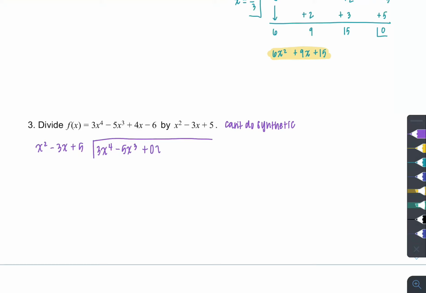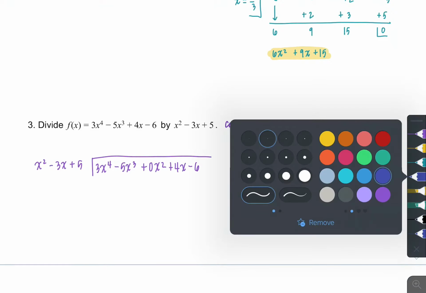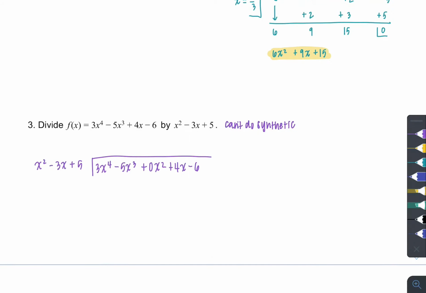I'm missing an x squared, so I have to add that in. Move that down a little bit so I have room. All right, so then I'm going to ask, what do I multiply x squared by to get x to the fourth? It's going to be 3x squared.